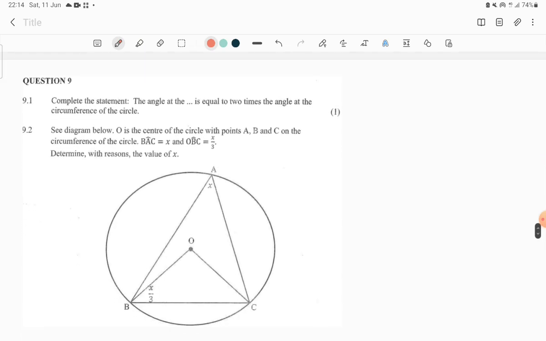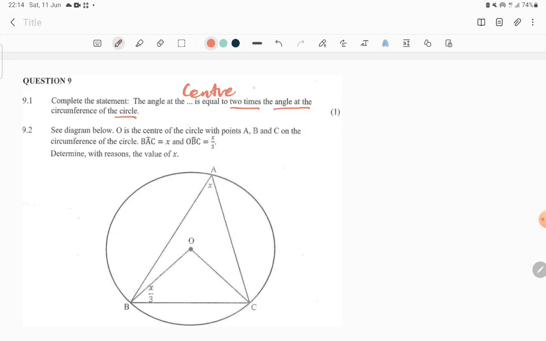Let's come to question number 9. Question number 9 says, complete the statement. The angle at the center, yes, of course, it has to be the center. The angle at the center is equal to 2 times the angle at the circumference of the circle.